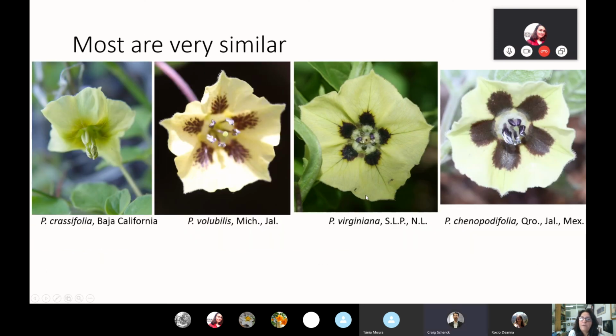But then you have what is more common in the genus, in which you have these rotate corollas that have spots that can be either a solid blotch or composed of different spots, and the color of the anther is also informative.